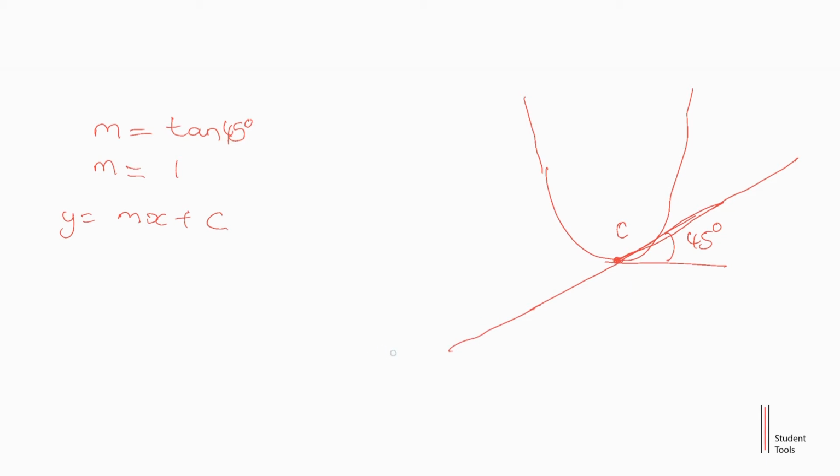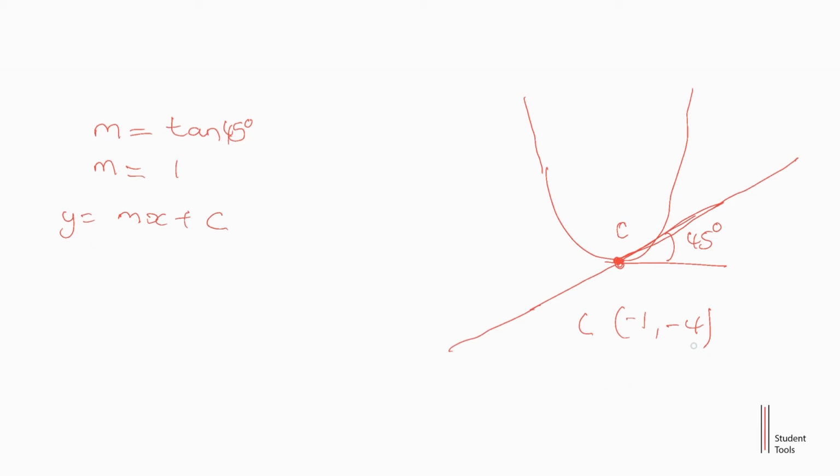We have one point which is on this line, and that point is the coordinate of C, which is (-1, -4). So we will use this point to get the equation.